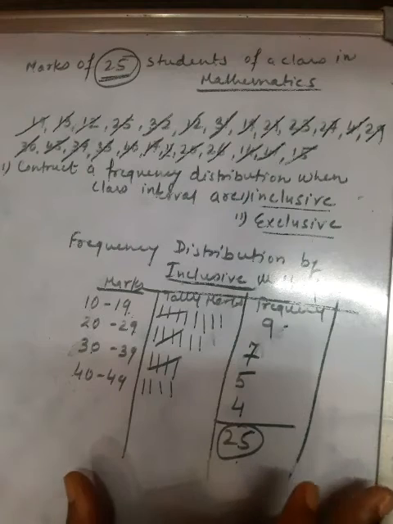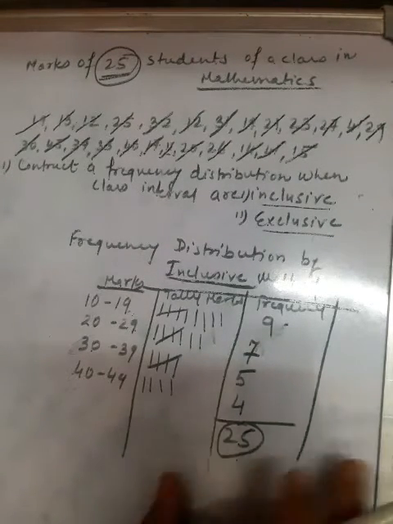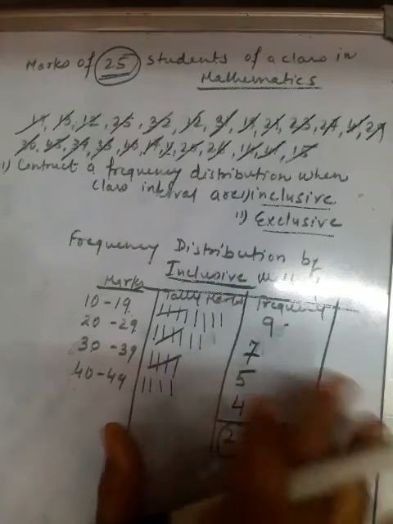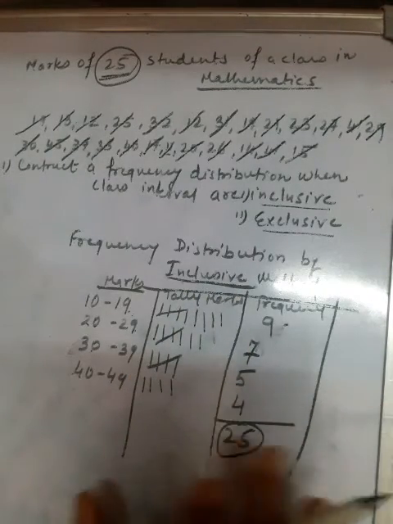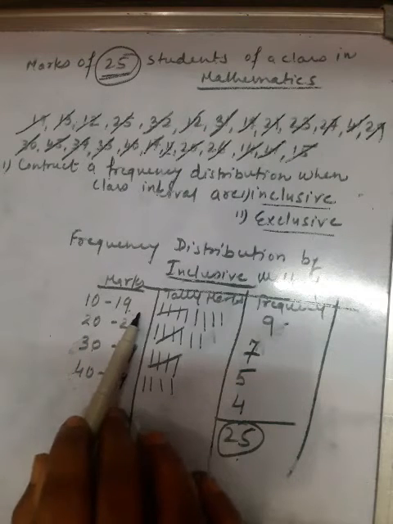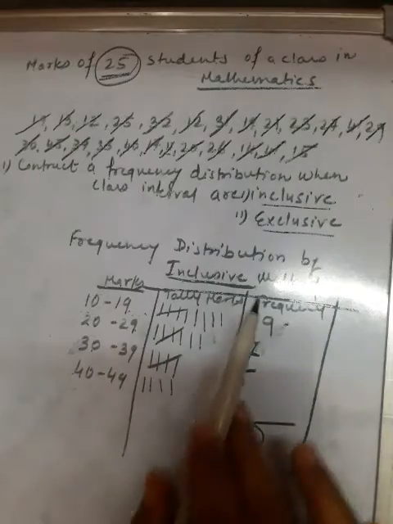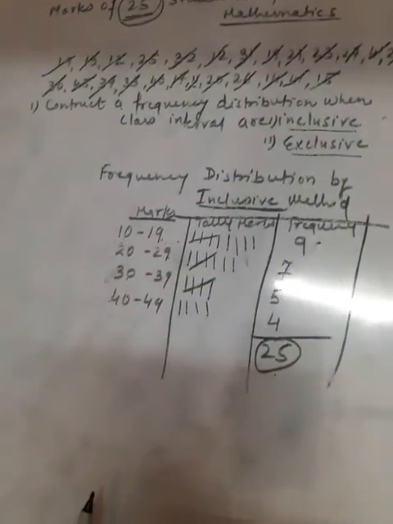If a series is formed like this, that kind of series is known as the inclusive method, where both limits of the class interval are counted in the same class. Now next is the exclusive method.